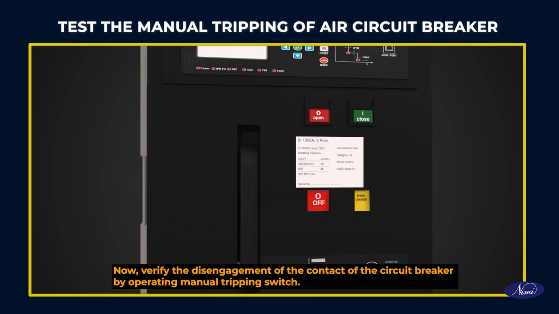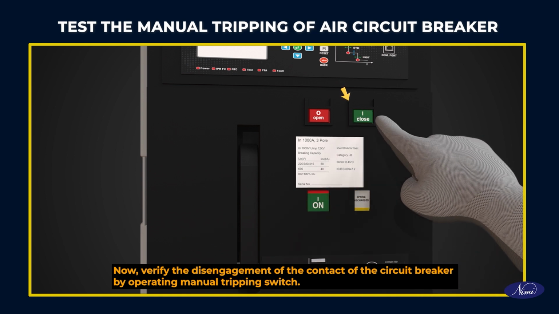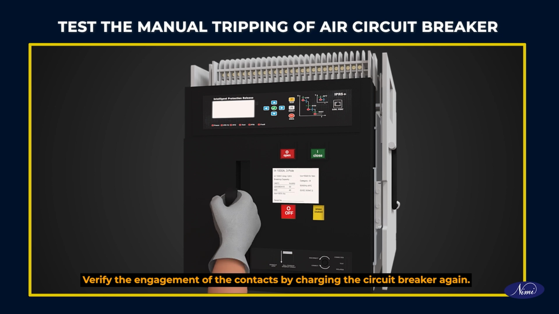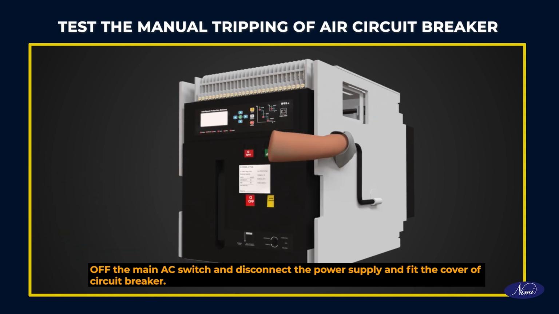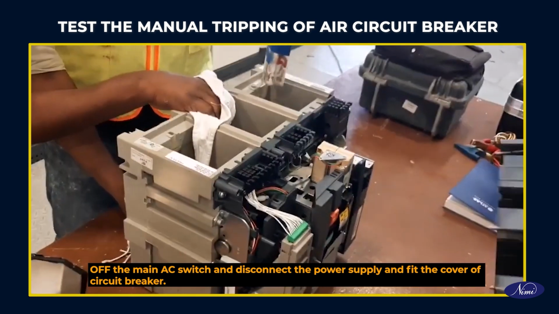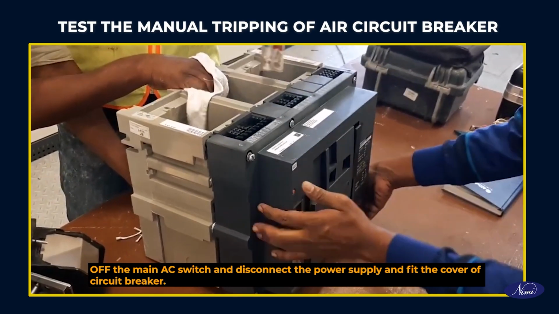Now verify the disengagement of the contacts of the circuit breaker by operating the manual tripping switch. Verify the engagement of the contacts by charging the circuit breaker again. Switch off the main AC switch, disconnect the power supply and fit the cover of the circuit breaker.